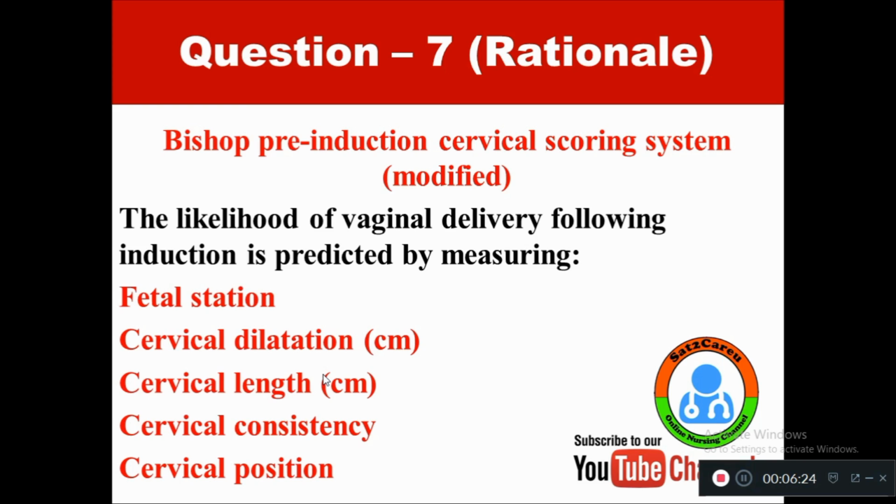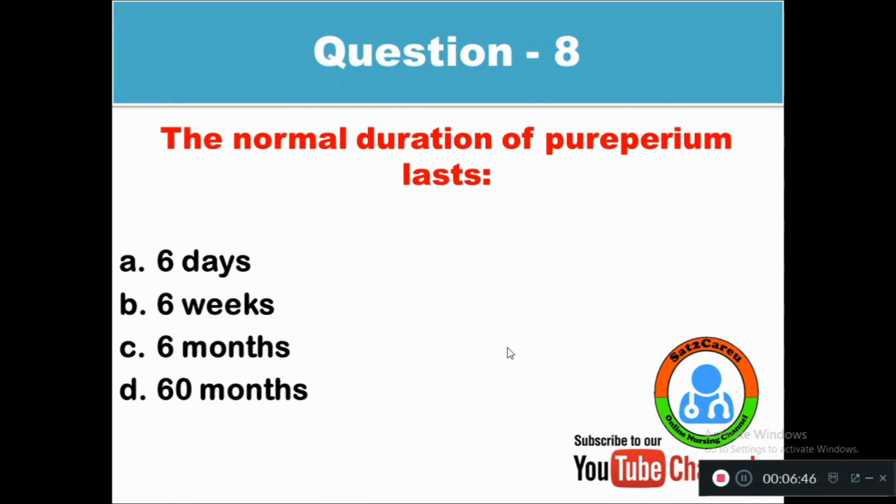Bishop's score is used to predict the success of induction of labor. So at that time we assess the fetal station, cervical dilatation in centimeters, cervical length in centimeters, cervical consistency, and cervical position.